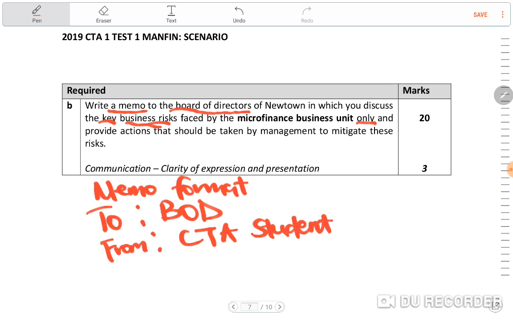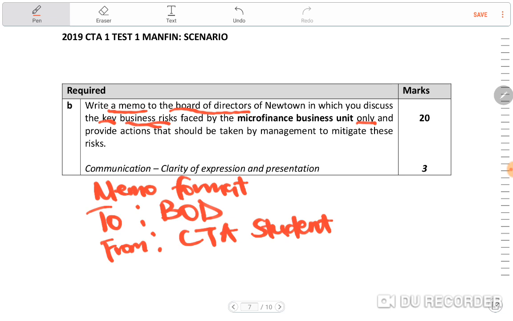Now, avoid writing your name in any exam that you are going to write. So it's always from the CTA student unless you've been given a specific role. For example, you are told you are the finance manager, you are told you are the supervisor.